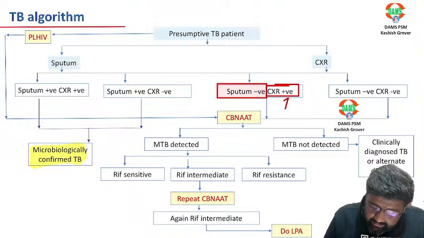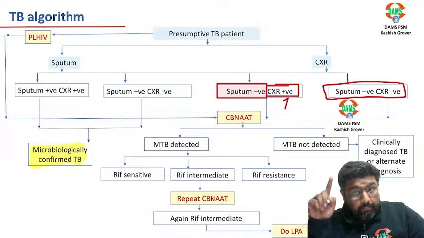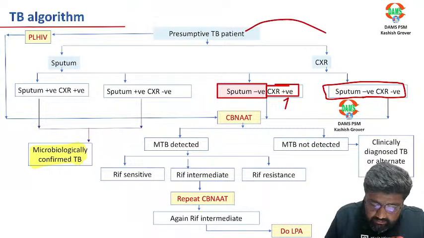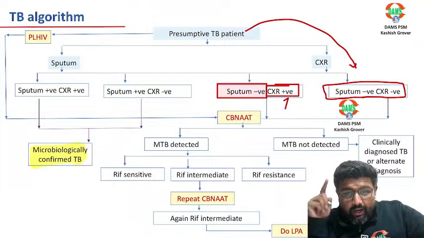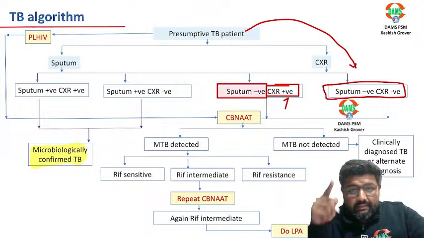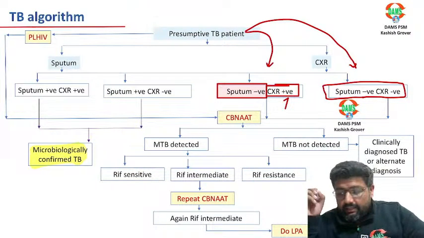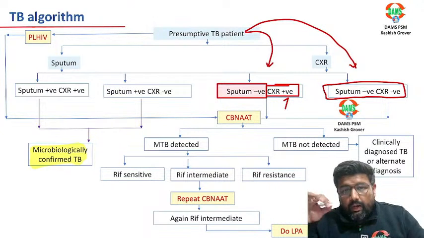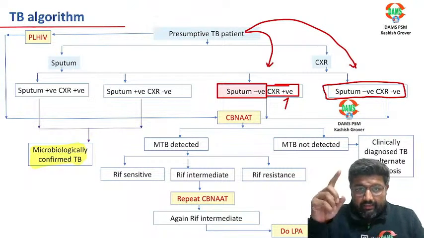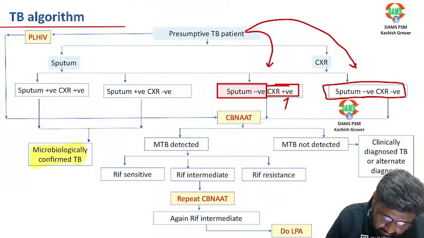The next scenario is chest X-ray negative and sputum negative, but still this is a presumptive TB patient. As a clinician, you are confident about the symptoms, right? So these two situations, as a clinician, you are more worried about. In this case, you do one CB-NAT, and this is my question.